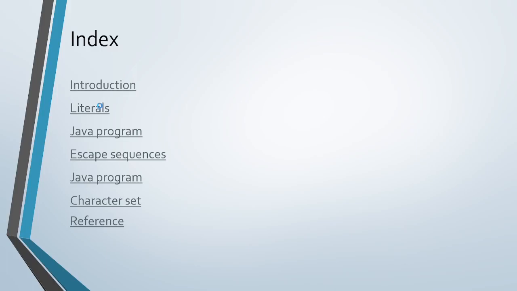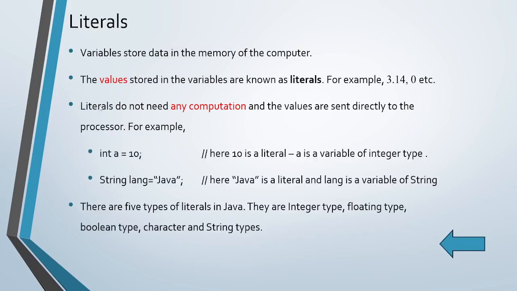Let's see literals. As a programmer, there is a need to store values which are known to us. For example, the maximum marks of students is 100. There is no need to accept the maximum marks from each student; we can store it.